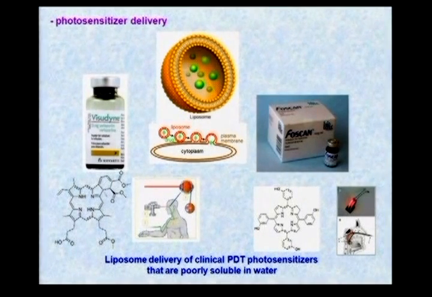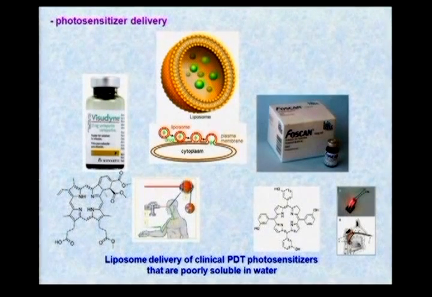Because these molecules are actually not very water soluble, it's hard to deliver them, and so they're packaged in a liposome in order to make them biocompatible, and so that they can distribute to the body, go to the tumor or the target cells, and then the drug goes into the cell via endocytosis.